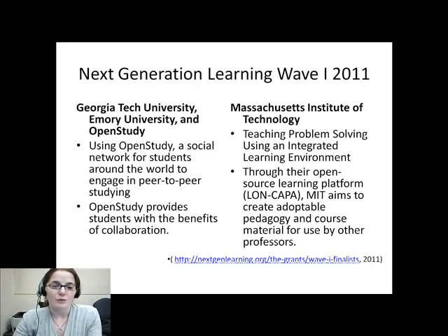For Georgia Tech, it was using OpenStudy, a social network for students to connect with one another. And for MIT, they were trying to create an open source platform with different content and pedagogy for instructors at all different types of colleges and institutions to share, so that they have resources available for teaching online.